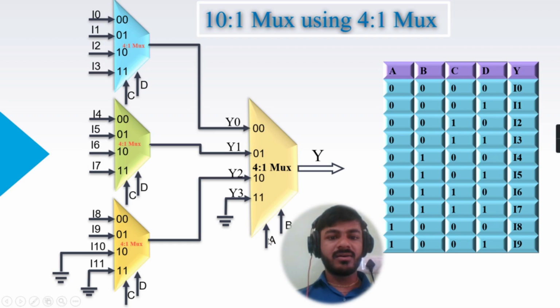Similarly, if select lines A and B are 1 0 and C and D are 0 1, then I9, that means the 10th input, will be routed to the output Y.